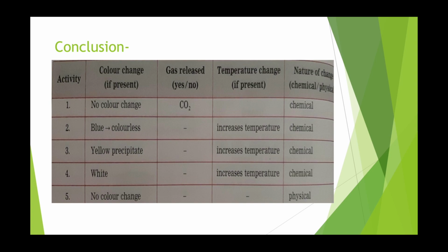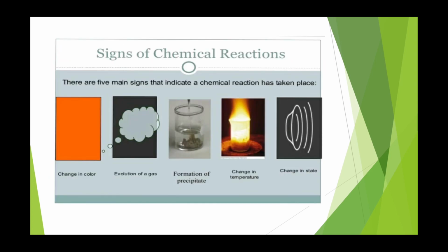Just have a look. Now, from this, we can conclude that in a chemical change, there would be a change in color, evolution of gas, formation of precipitate, change in temperature, or also a change in state.